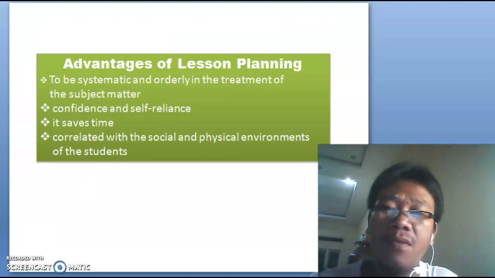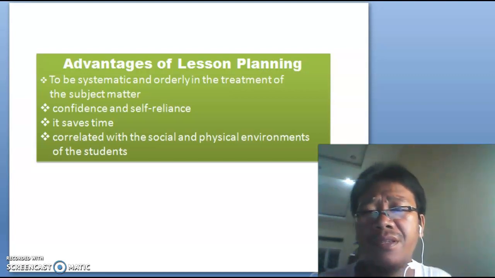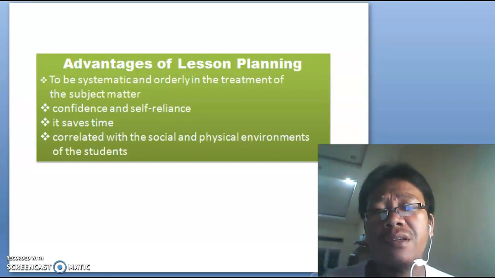Next, what are the advantages of a lesson plan? The advantages of lesson plans, for the first, it is to be systematic and orderly in the treatment of the subject matter.